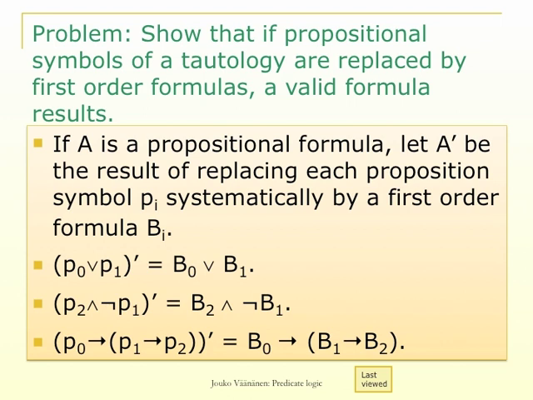Then, for example, (P2 and not P1)' would equal B2 and not B1. A final example: (P0 implies (P1 implies P2))' would equal B0 implies (B1 implies B2).